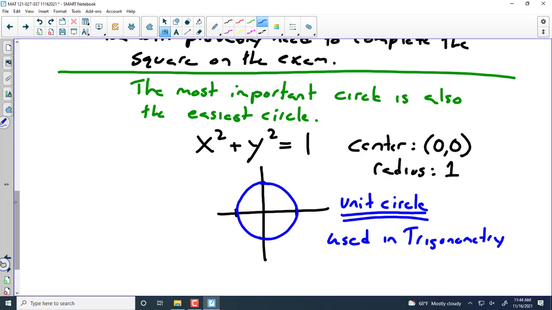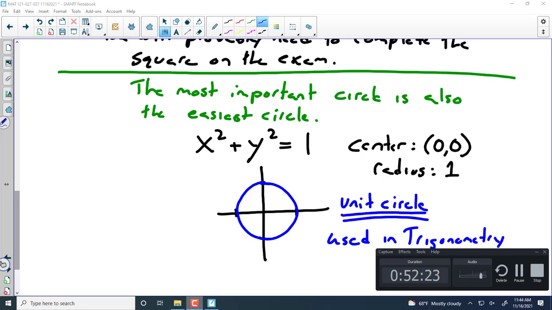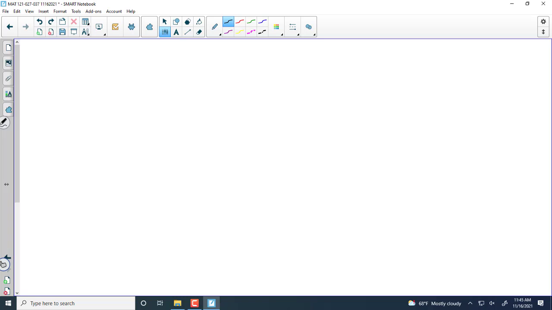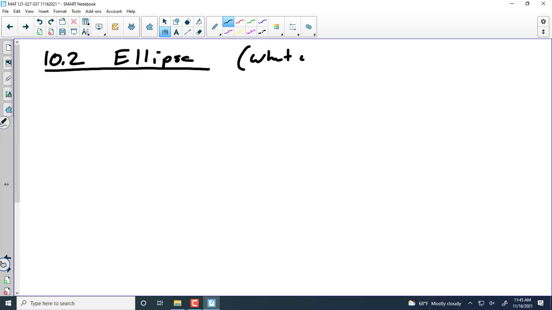All right. Okay, that will move us into 10.2. The ellipse. And the ellipse is what we often call an oval.